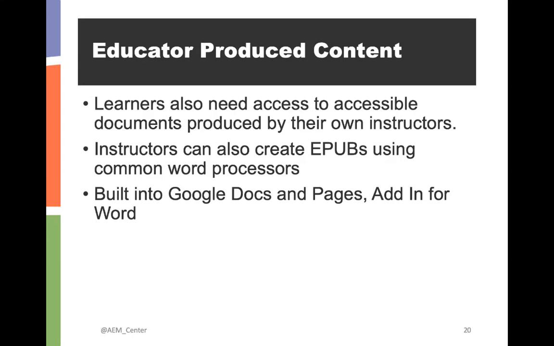We know a lot of schools have gone to the Google suite of products, and so there is an option in Google Docs to export to EPUB. Or if you're in an Apple environment, the Pages word processing application and page layout as well does provide the option to export to EPUB. But what I'm really excited about is this third option here, the add-in for Microsoft Word. That's something that is not available yet natively, but I'll let Richard explain it. I think he's going to do a much better job, but it's something that I'm really excited about.